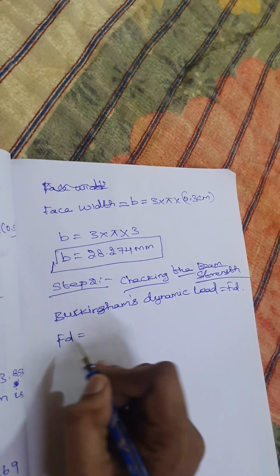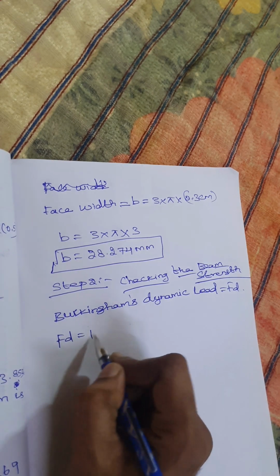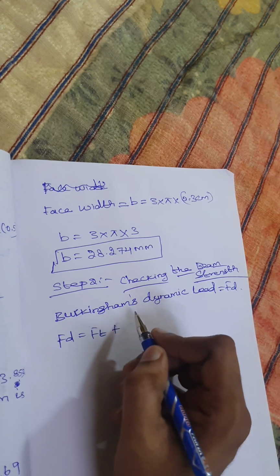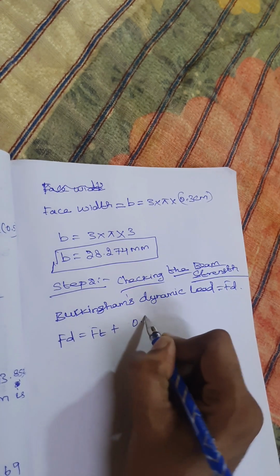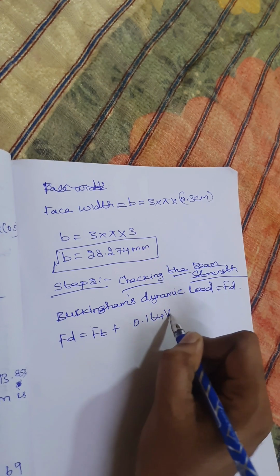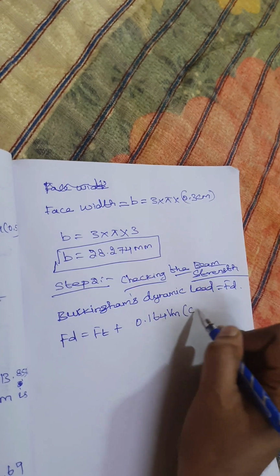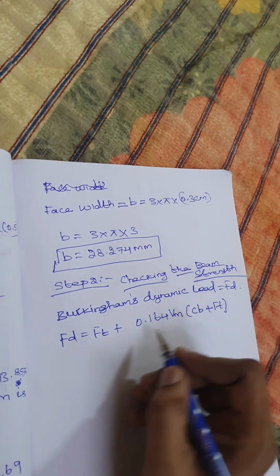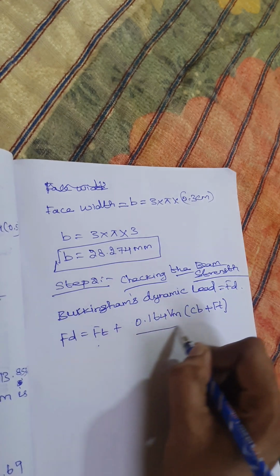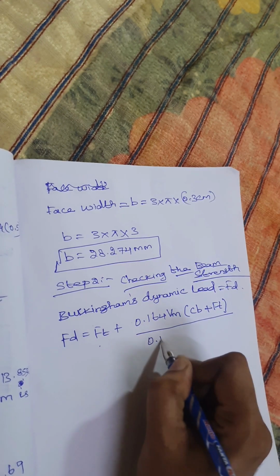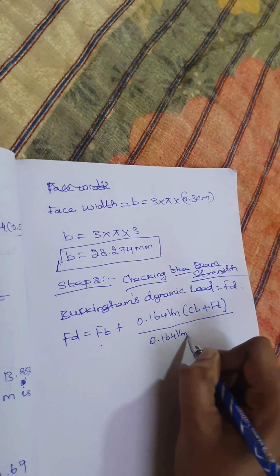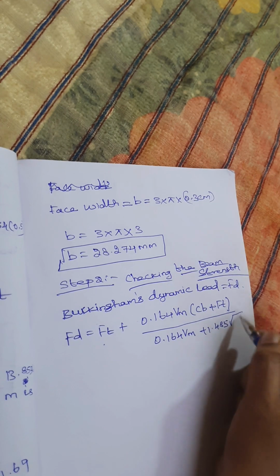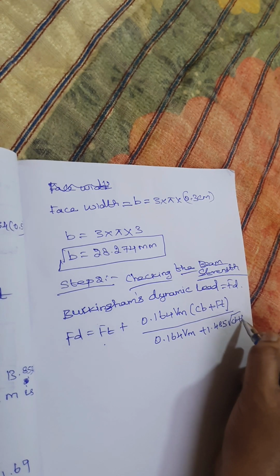For calculating F_d, the formula is F_d equals F_t plus 0.164 V_m into (C b plus F_t) divided by 0.164 V_m plus 1.485 root of (C b plus F_t).